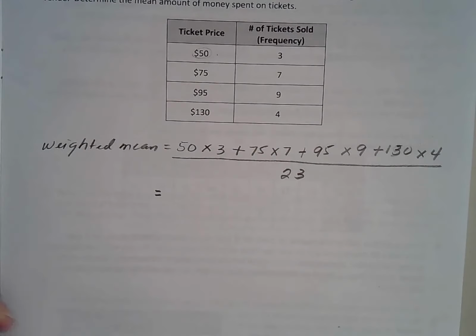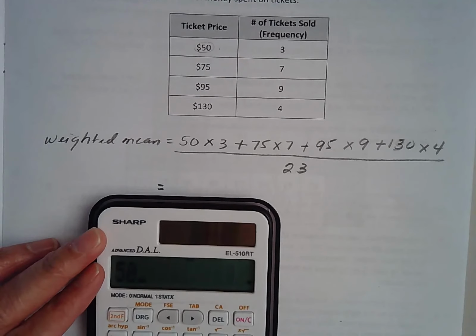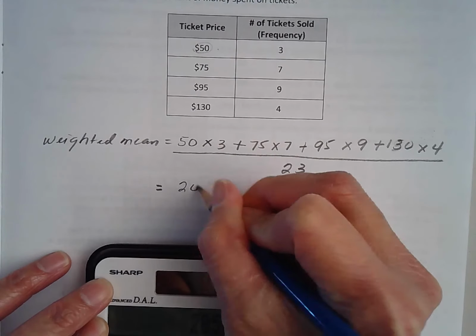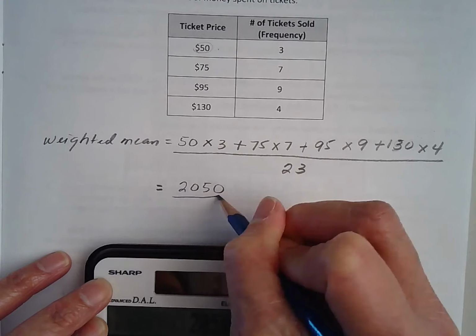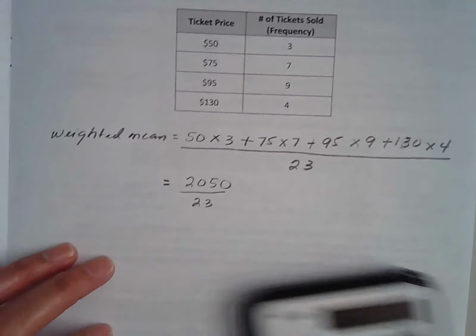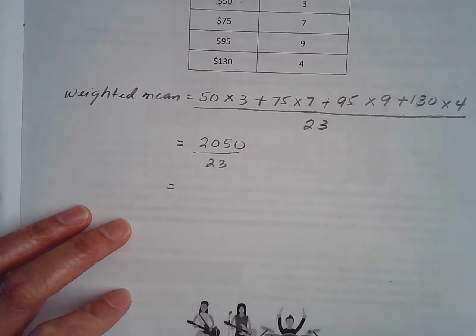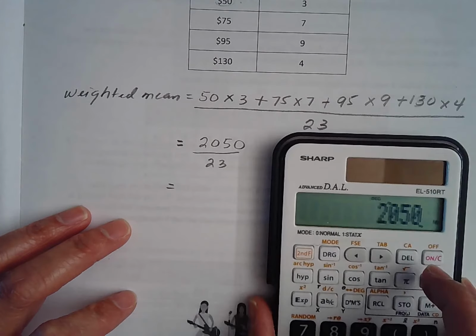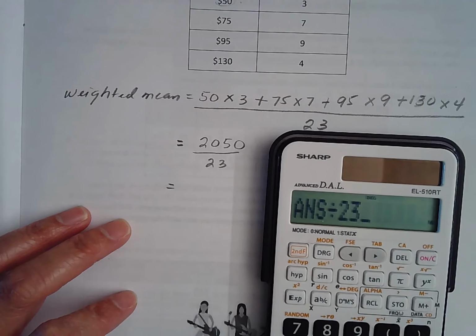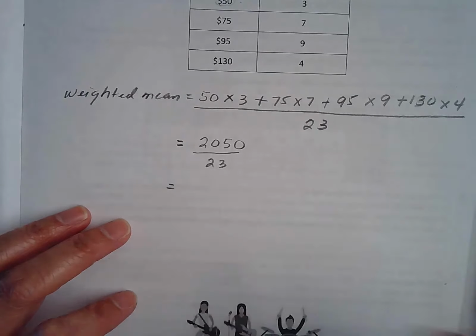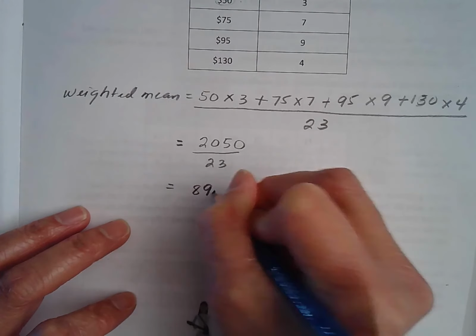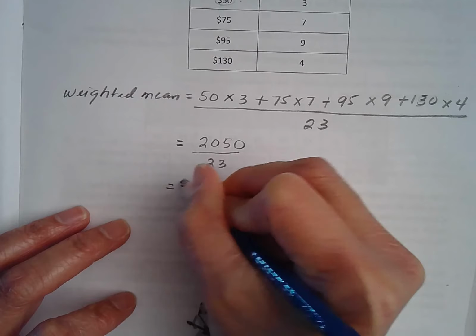Okay, let's figure it out. Divided by 23, it's going to be 89.13.